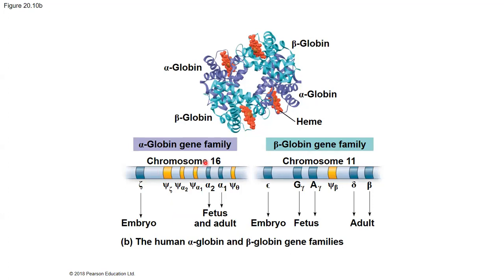So the alpha globin family consists of a number of genes. Some of these genes are pseudogenes. So the yellow genes are actually pseudogenes.